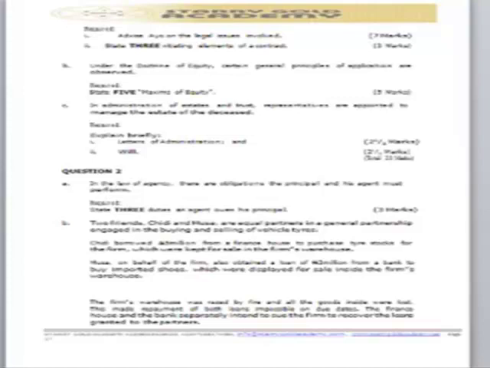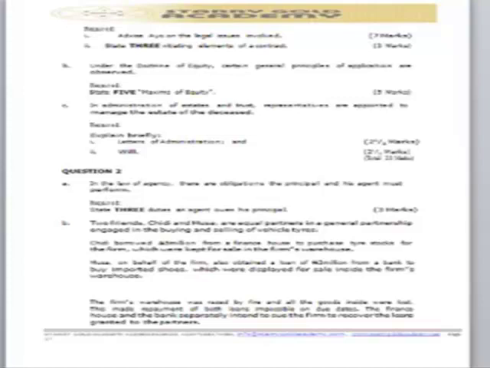A unilateral mistake is a situation where one of the parties to a contract is the one making the mistake. The second party is not making any mistake, but wants to benefit from the mistake of the first party.